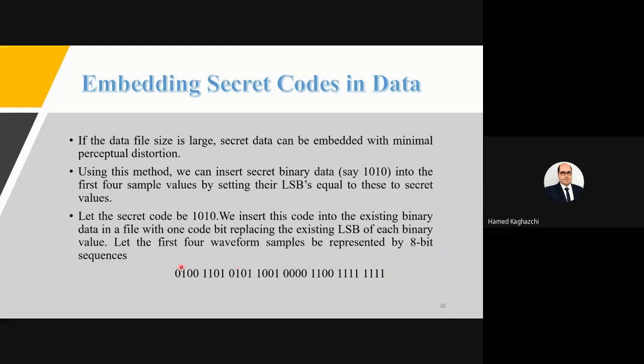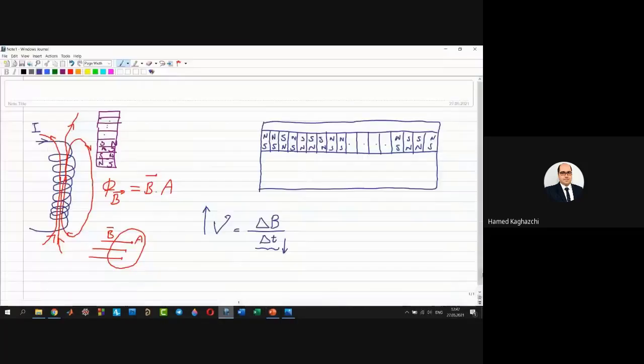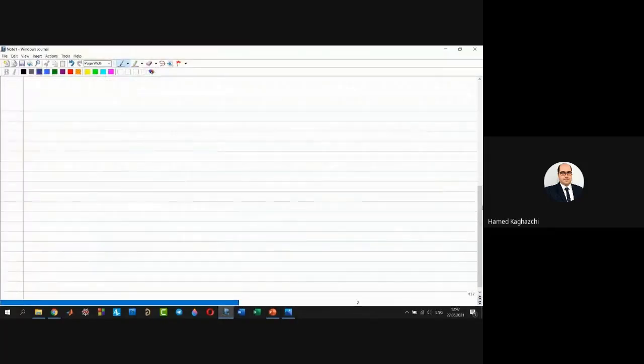Now, suppose that this is our data file represented by 8-bit sequences. I write my data file here. Look at here, please. This is my data sequence. I know that I have 8 bits for each value.